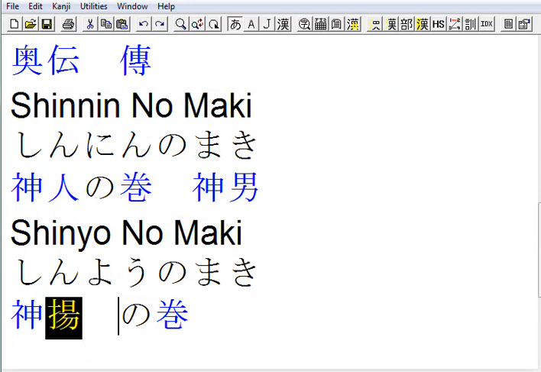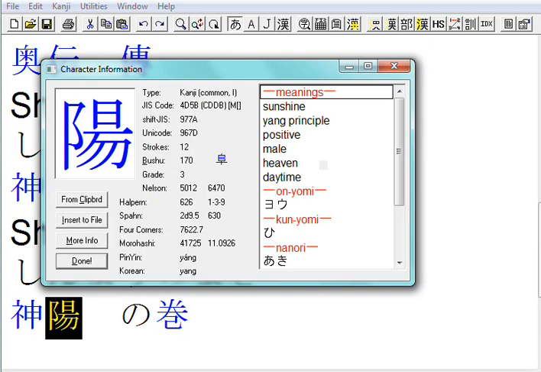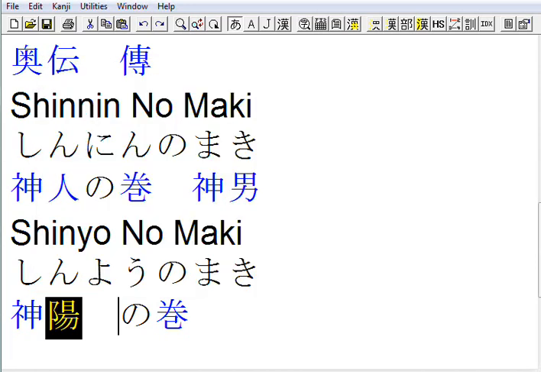Okay, it is this one here. Okay. And that one is the yang principle, or positive, or male. Okay, so in Chinese you would say yin and yang. And in Japanese you say yin and yo. So that is the Shin Yo.